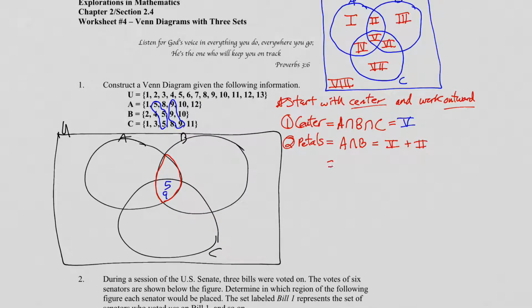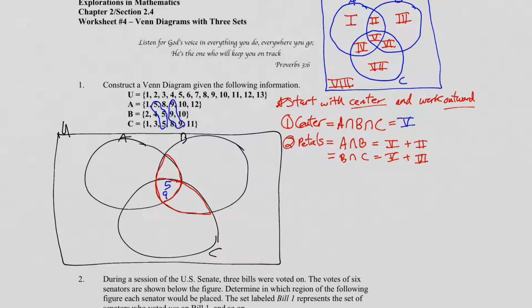Okay, so then the next thing, make some more room here. Intersection of B and C, which is right here on the right petal, and that's region 5 and region 6.